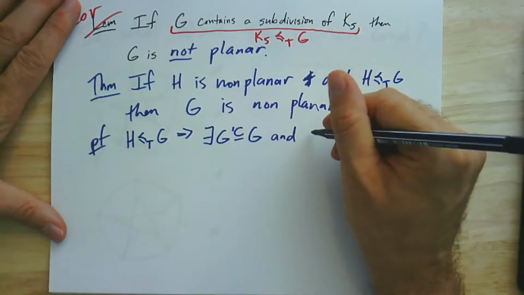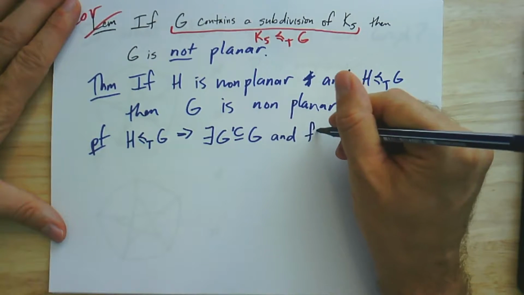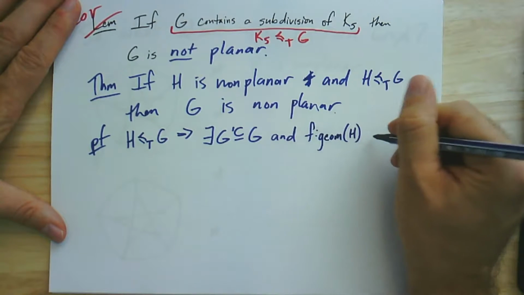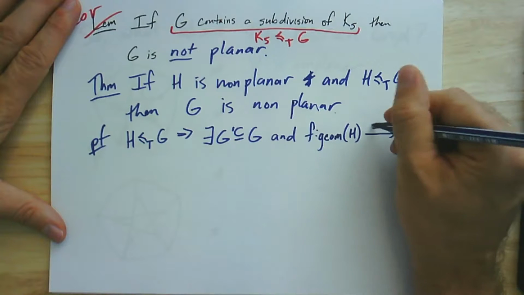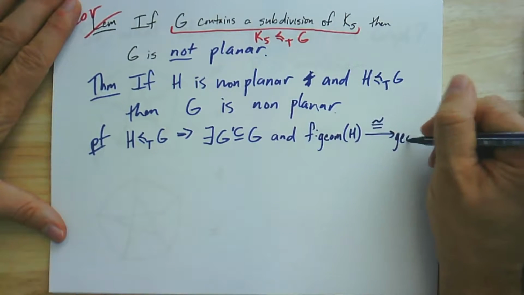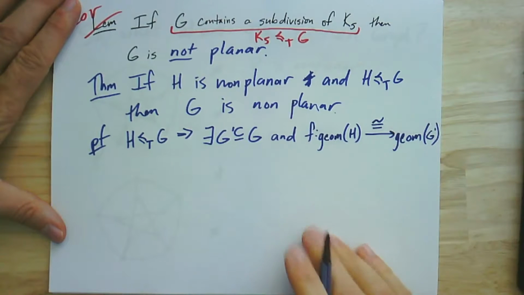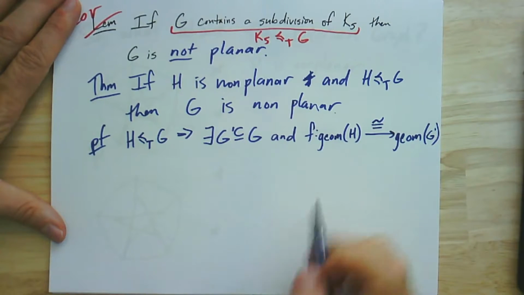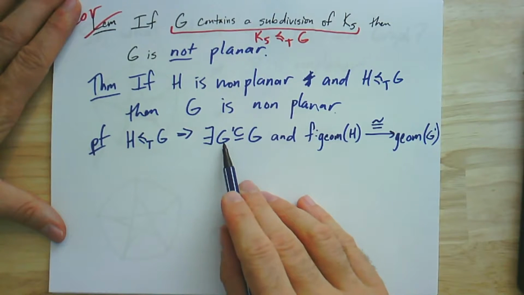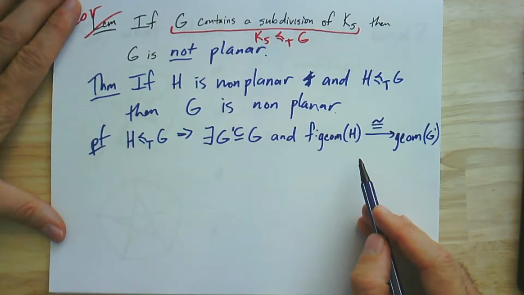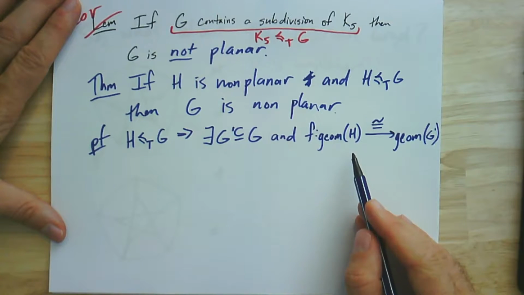Let's give it a name. So there's some F, which maps the geometric realization of H homeomorphically to the geometric realization of this subgraph. And that follows from the fact that this G prime is going to be a subdivision of H, and subdivisions are homeomorphic.